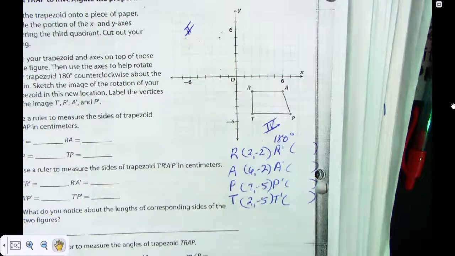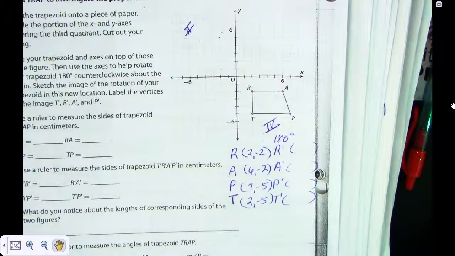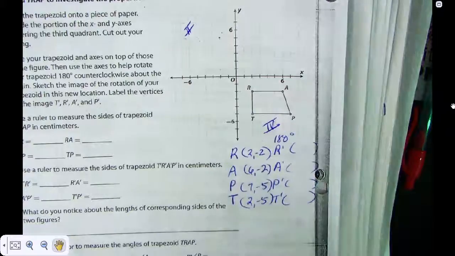What did I just tell you on a 180 to do? I said 2 words or 3 words. Switch the signs. That's all you need to remember on a 180. Switch the signs. Flip the signs, however you want to say it.